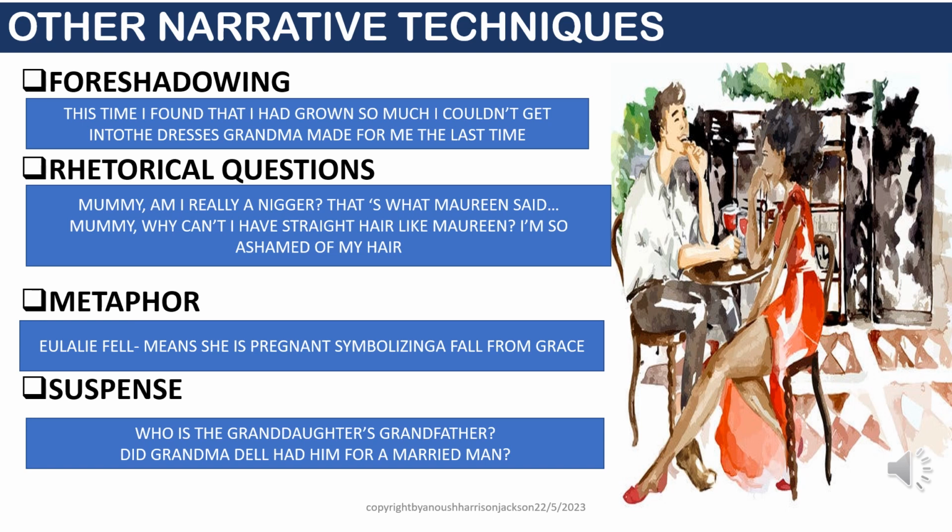Grandma Dell had her father with a married man. It's still up in the air. We don't know who is the father of the granddaughter, or grandfather, that is. So there are many unanswered questions.